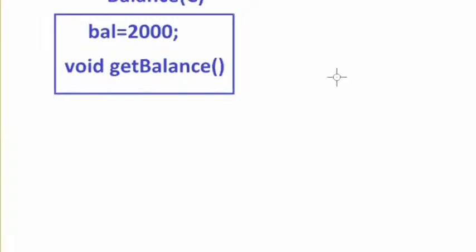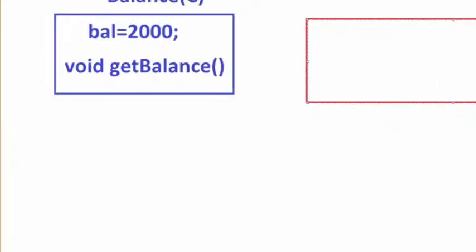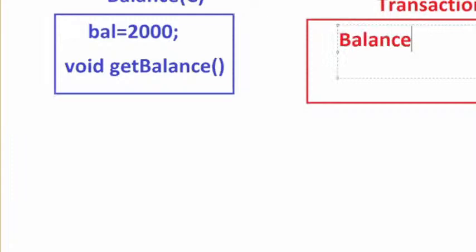Now here, I am taking one interface. The interface name is Transaction. In this Transaction, I am creating an object for the Balance class.